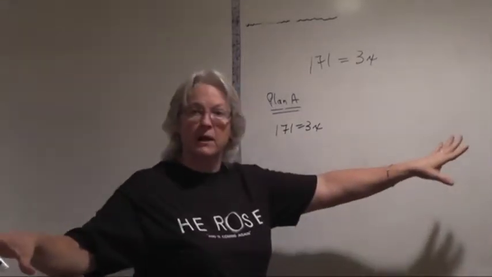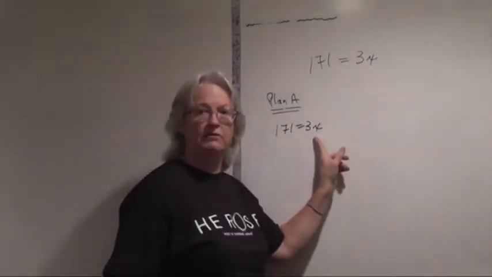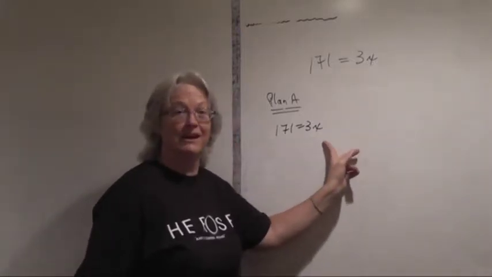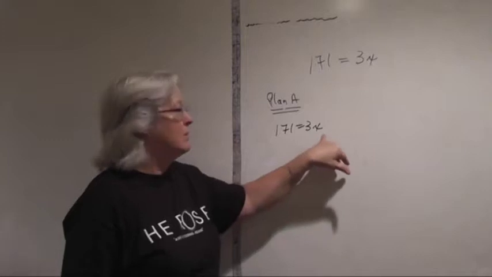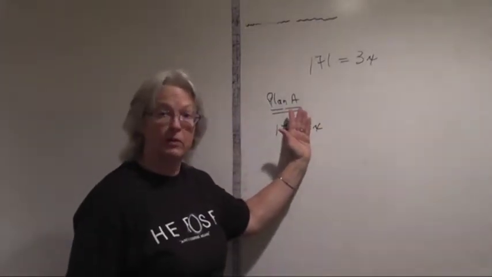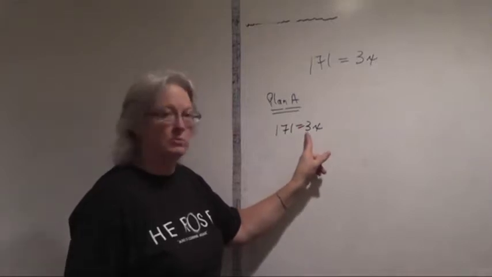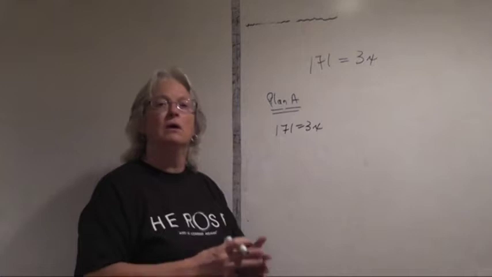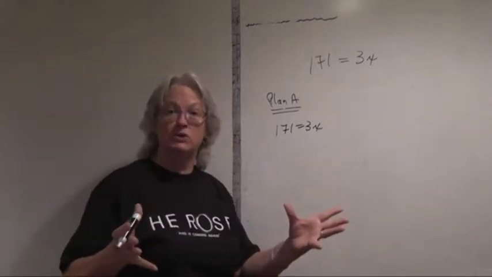The equation's in balance. First we identify the variable, 3x. This is the term that contains the variable x. What operation has been performed on that variable? Well, it's multiplied by 3. So multiplication is the operation. What's the inverse of multiplication?